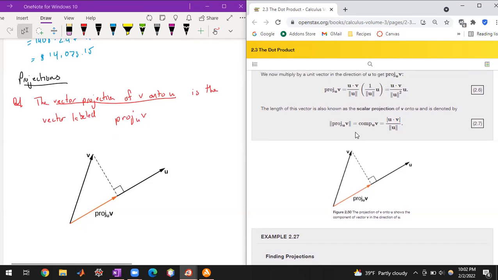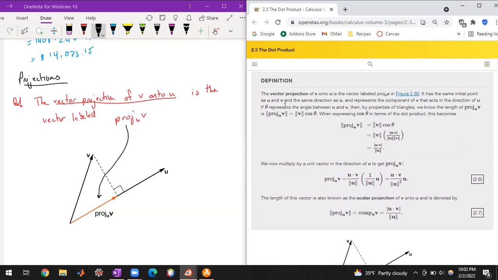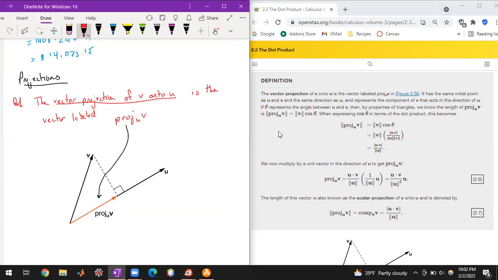All right. So what do we know about this vector then?